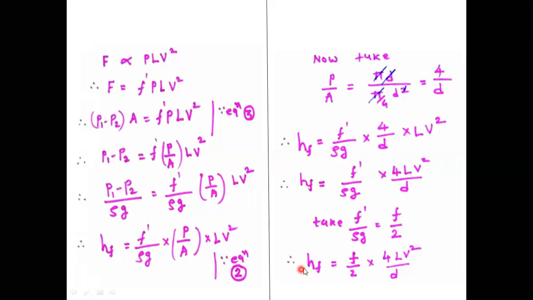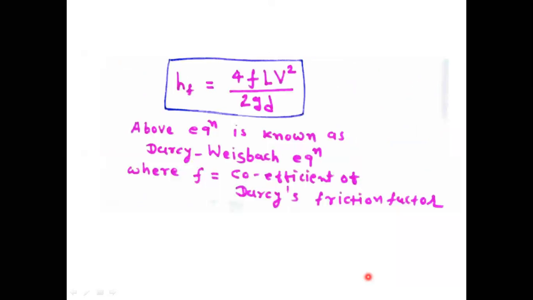So instead of F dash by rho g, I can put f by 2, a new constant. So my equation becomes HF is equal to f by 2 into 4 L V square by d, and I am just rearranging the equation, and I get HF is equal to 4 f L V square by 2 g d. The above equation is known as Darcy-Weisbach equation, which is used to measure the head loss in flow through pipe.